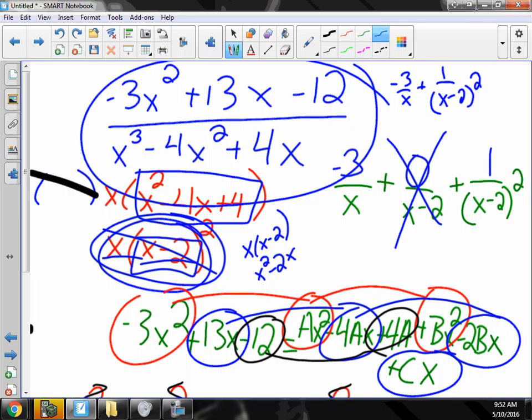Okay, I think the next one's going to have a quadratic in it. All right, so okay, we're going to skip example 3. It's the same basic idea, just a little bit.